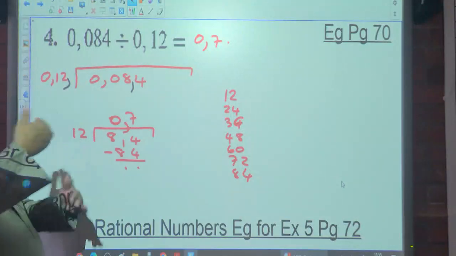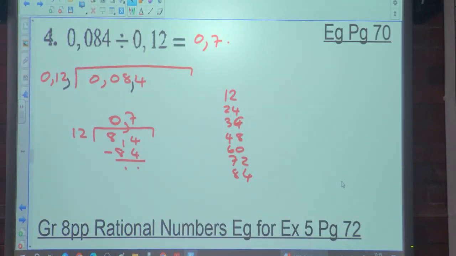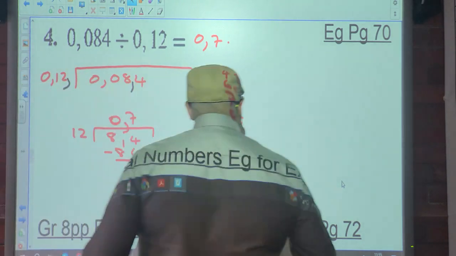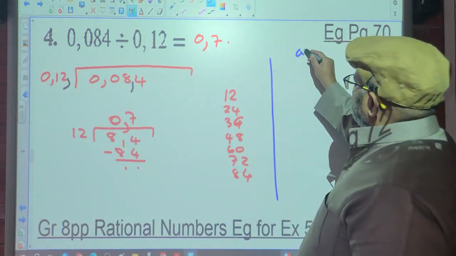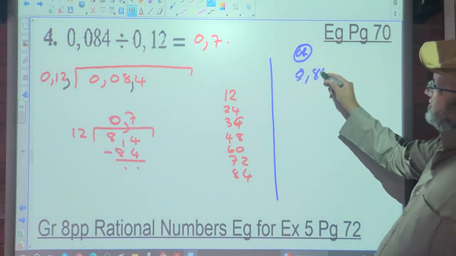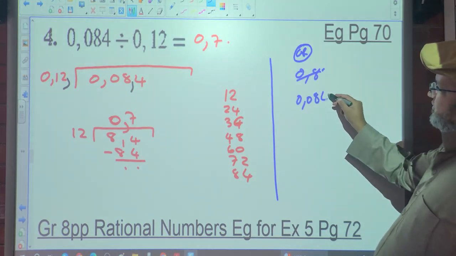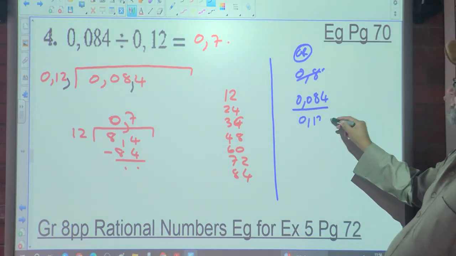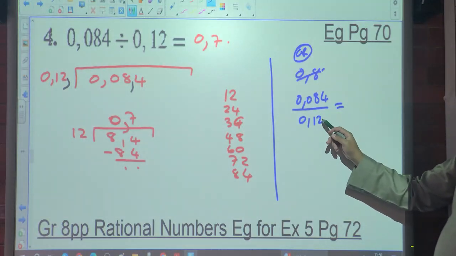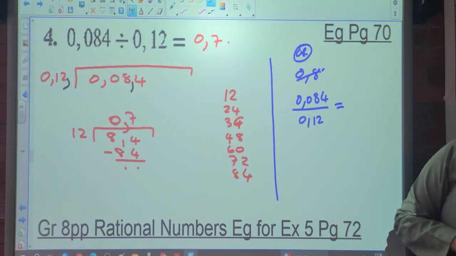There's another way we can write it as fractions and then simplify it from there. It will work nicely with this one here. Okay, so let me just show you what it would look like. It's the alternative solution. So 0,084 divided by 0,12. Remember, if I multiply the numerator by 100, I must multiply the denominator also by 100.